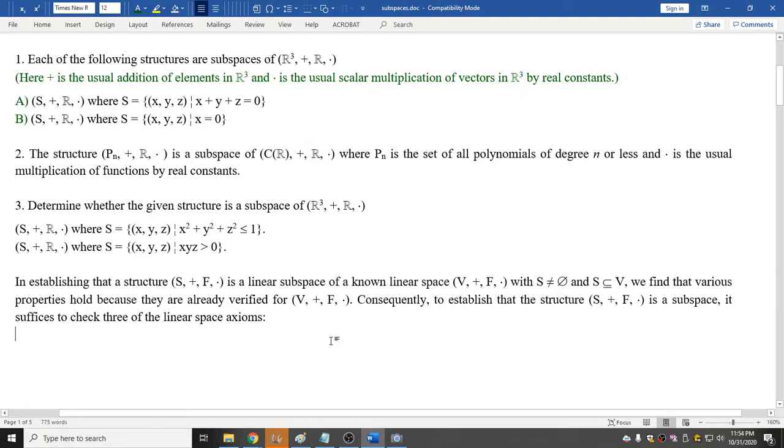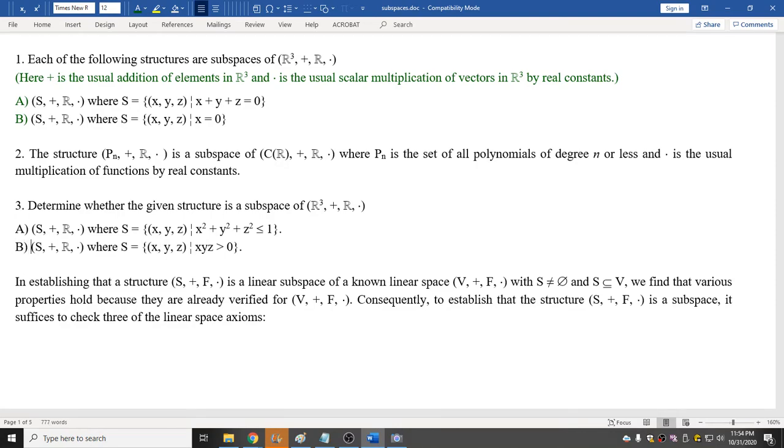Third example: determine whether the given structure is a subspace of R3. Let's call this A. The structure S, with addition of elements in R3, the field of real numbers, and scalar multiplication of real numbers by elements of R3, where S is the set of all triples (x, y, z) such that x squared plus y squared plus z squared is less than or equal to 1.